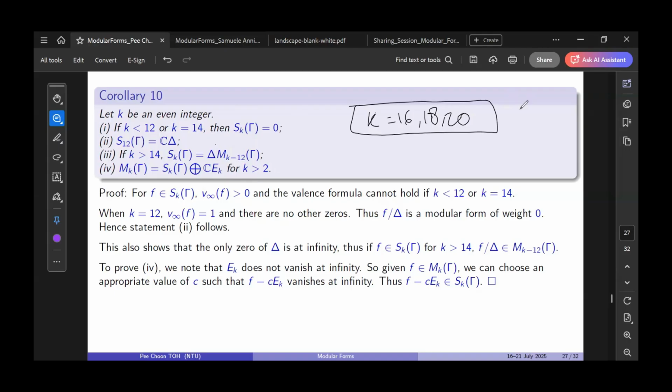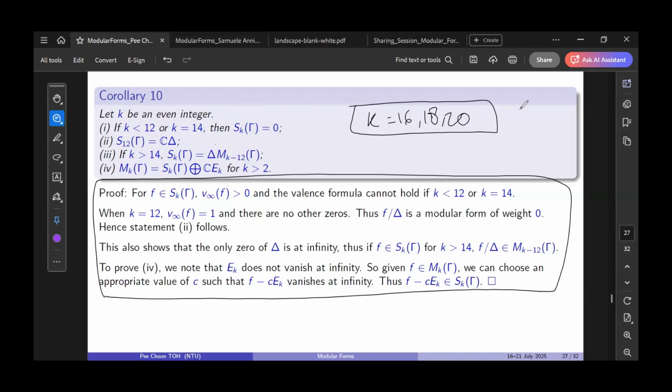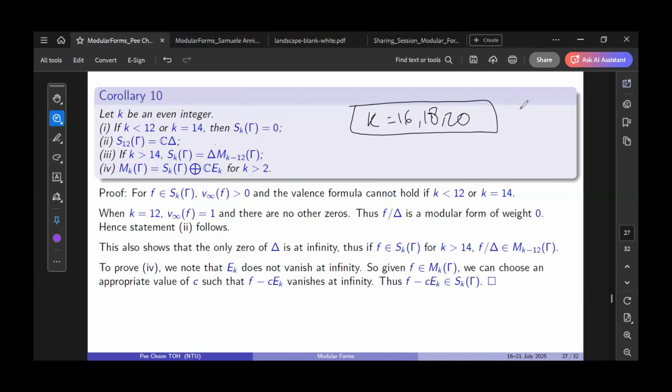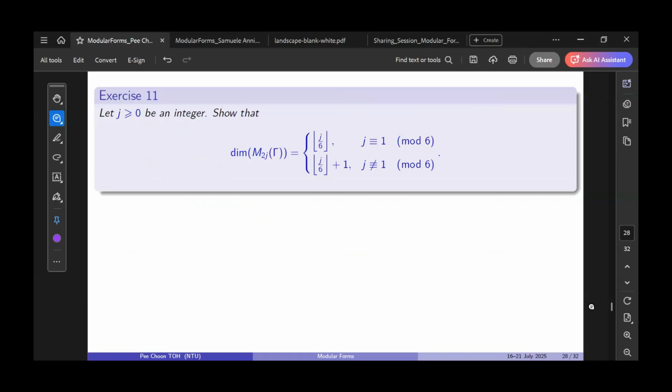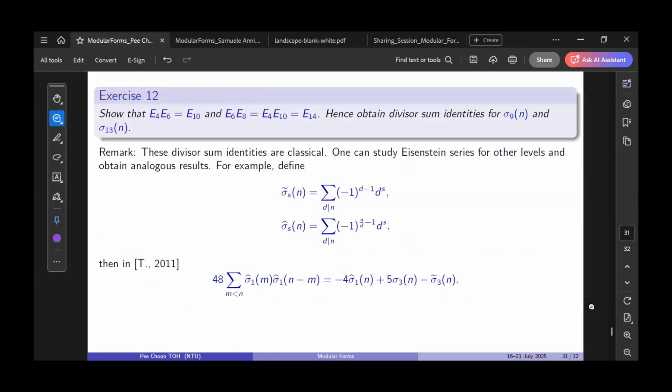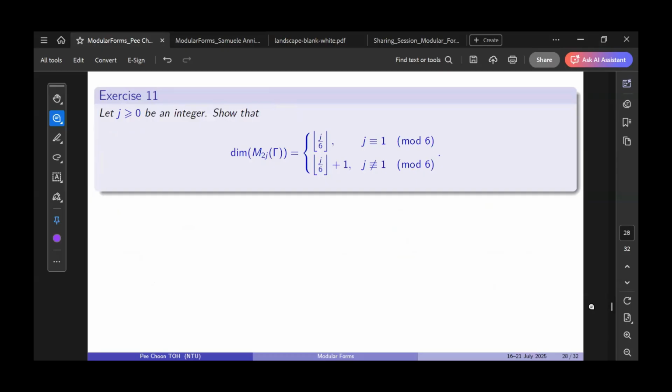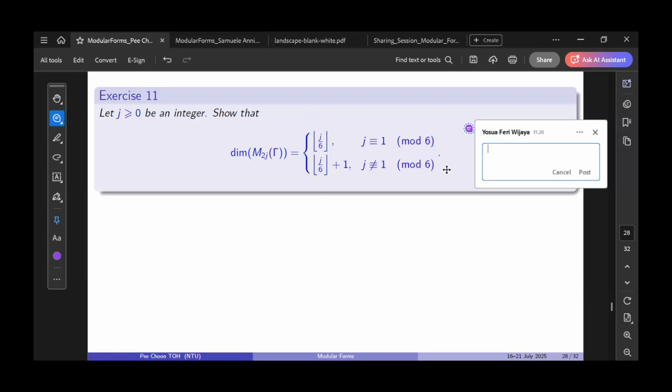For the proof, we can repeat this. So using this corollary, we can then prove this property that for any j greater than or equal to 0, the dimension of M_2j of gamma is like this.